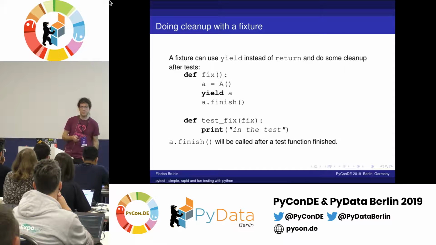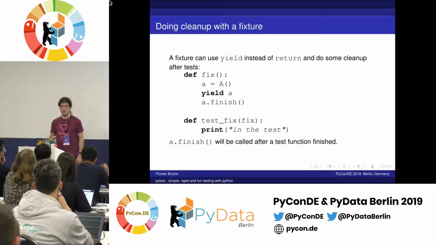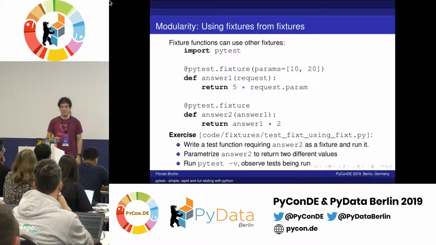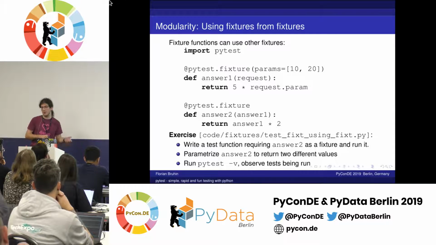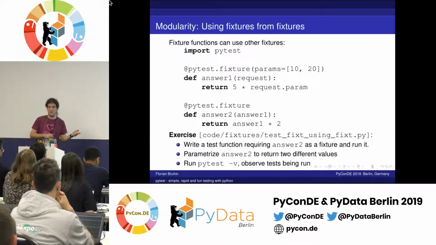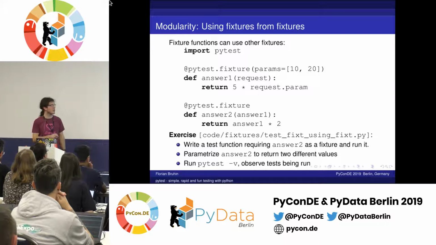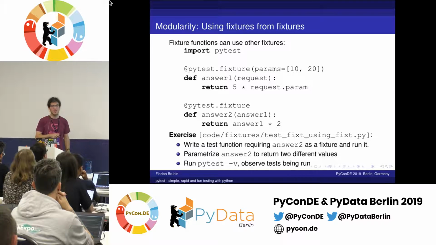Now, one feature I don't want to get into too much detail about, but is useful to know, is that you can also parameterize a fixture. For example, if you have a database backend and a fixture database, and you know your code can run with, let's say, either MySQL or Postgres, or two different libraries, or that kind of situation, you can parameterize a fixture, and then all tests using that fixture will run twice.